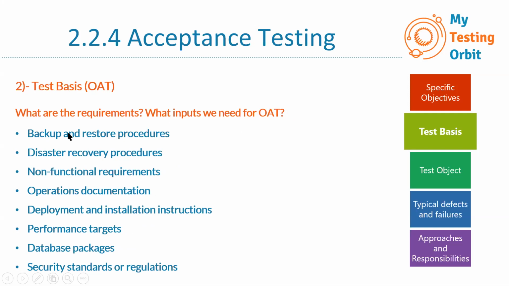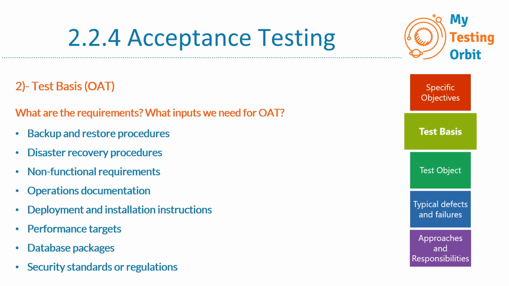For example, backup and restore procedures we will require only for OAT. We will not require them for any other form of testing. So if we are doing the test basis for OAT, then if we are doing backups or restores, we do need some procedures for that.